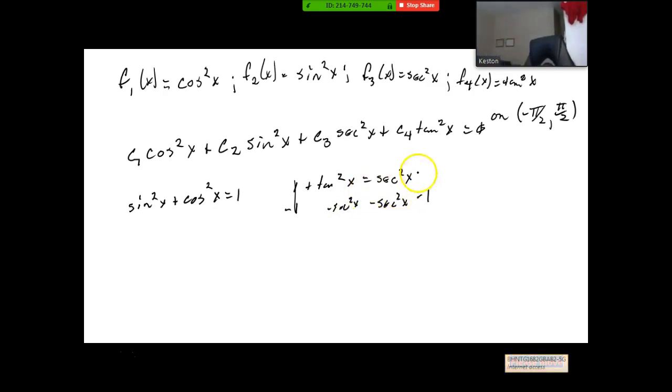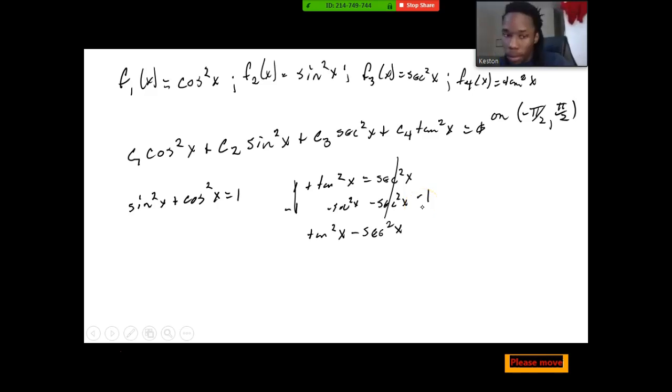Now, what we have is tangent squared x minus secant squared x is equal to minus 1. Agreed?